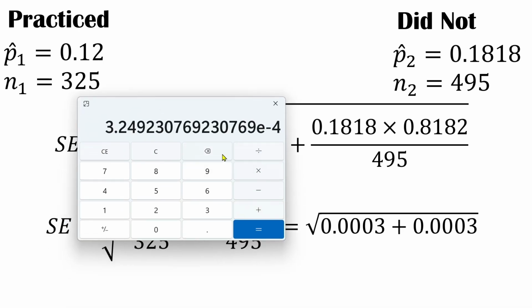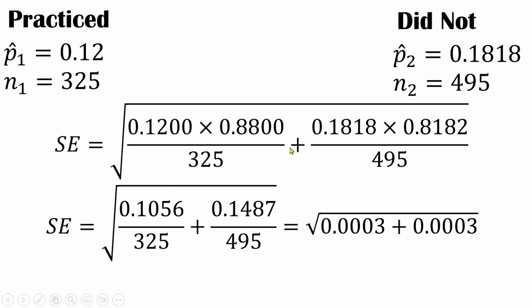Let me just do that to be sure as one final example. So we go 0.1818 times 0.8182 equals, and then divide by 495. Right, so you can see there's a 3 in the 4th decimal place as I have it written here. So that's the way you deal with this scientific notation.